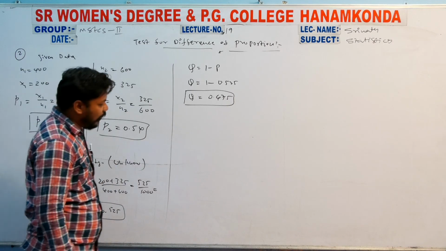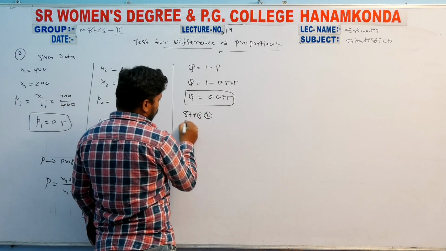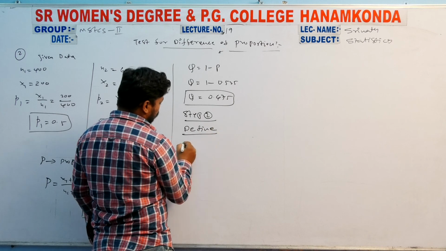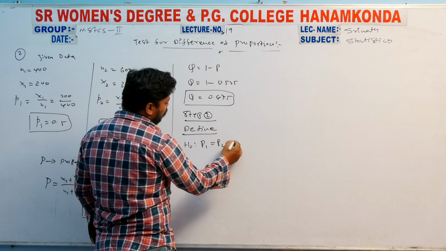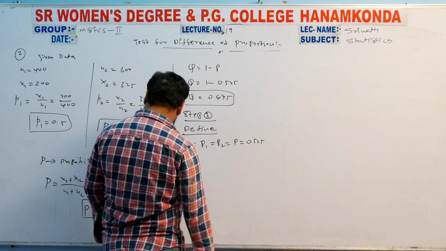And step 2, define H naught: P1 equal to P2 equal to P, which is 0.525.